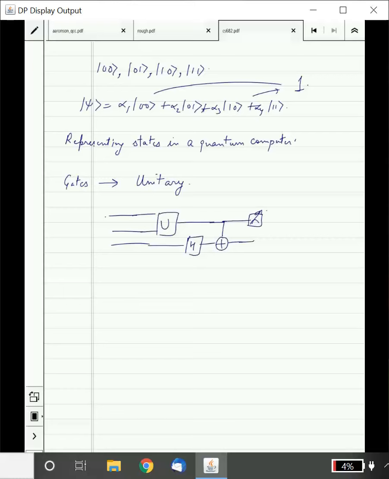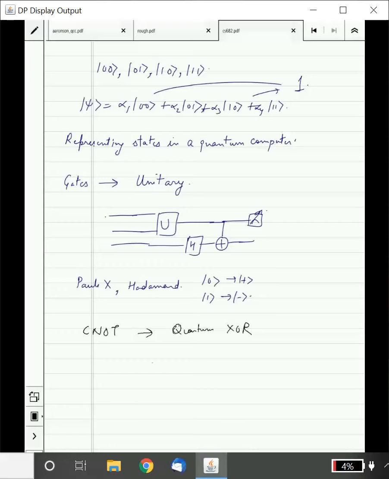I will come to the measurement, but about these unitaries, we saw that we had single bit unitaries, Pauli X, Pauli Y, Pauli Z. We had the Hadamard gate, which was taking 0 to state plus, 1 to state minus, and then we also noticed the CNOT gate, which was in some sense a quantum XOR operator.